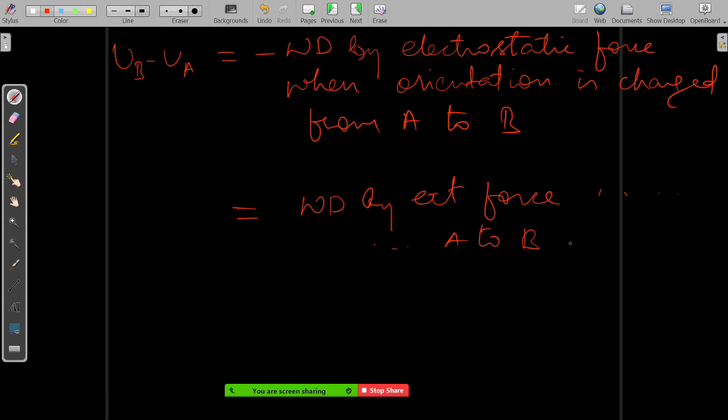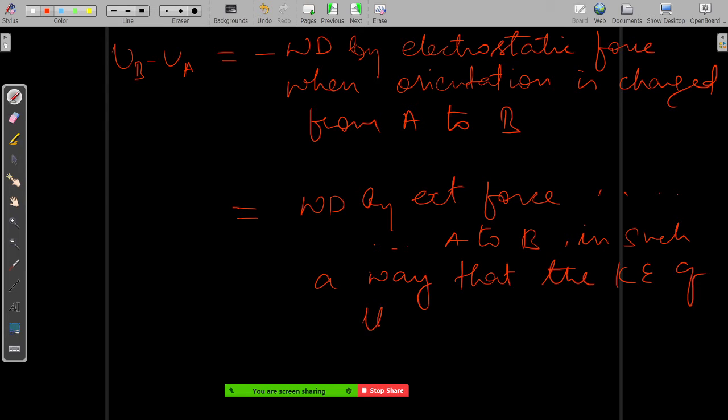Now we have to write it in such a way that the kinetic energy of the test charge is not changed.